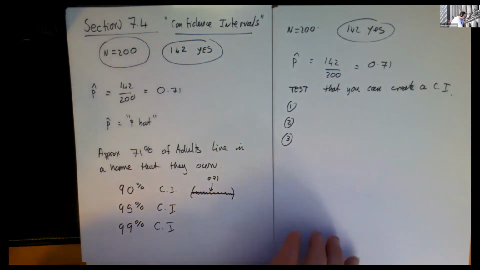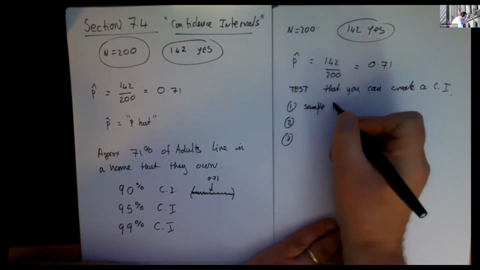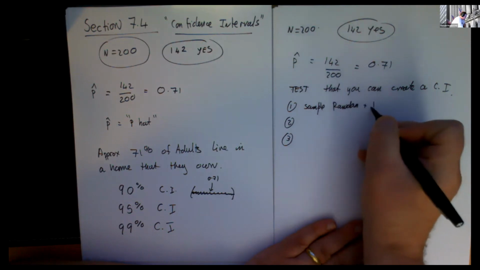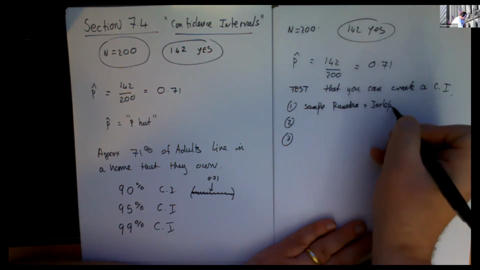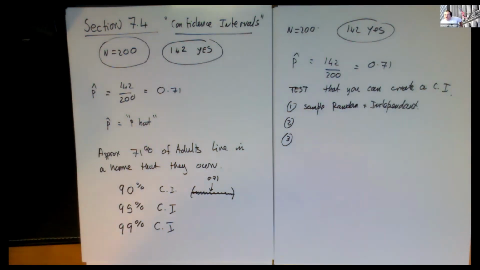The first one is: is your sample random and independent? Isn't that the same question they asked in a lot of the earlier sections? I asked 400 people, is it a very random sample? There's no connections between anybody? Good.